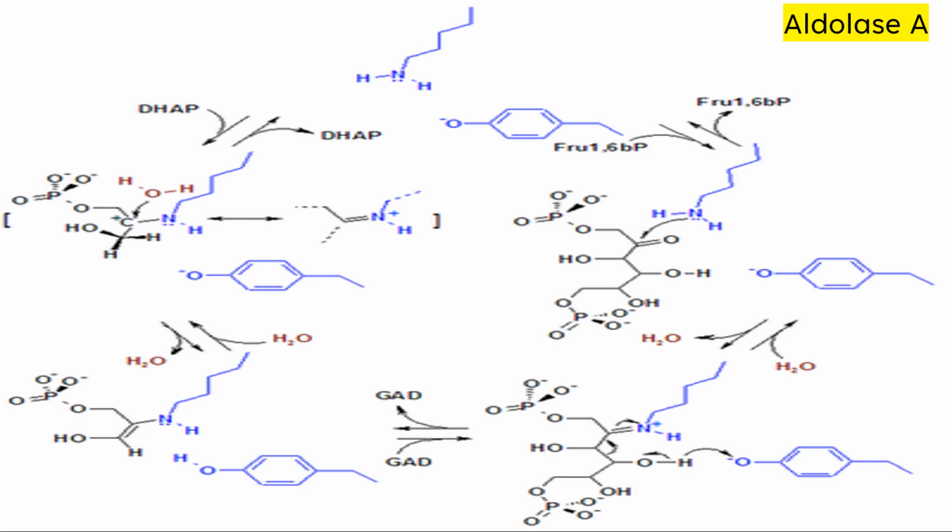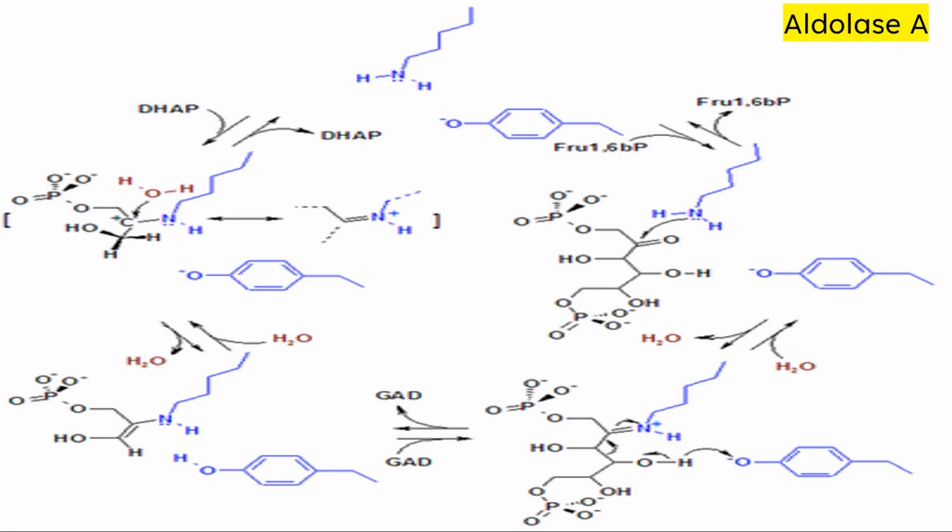Aldolase not only plays a key role in glycolysis, but also binds to macromolecules unrelated to glycolysis, such as F-actin, vacuolar H+ ATPase, GLUT4, cell surface adhesins, and thrombospondin-related anonymous proteins, as well as others.